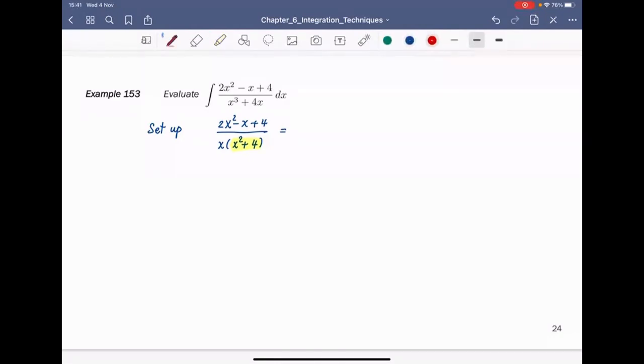So what you can do is set up the decomposition to be A over x plus (Bx plus C) over (x squared plus 4). If your denominator is x squared plus 4 like that, you need the top to be a linear term.